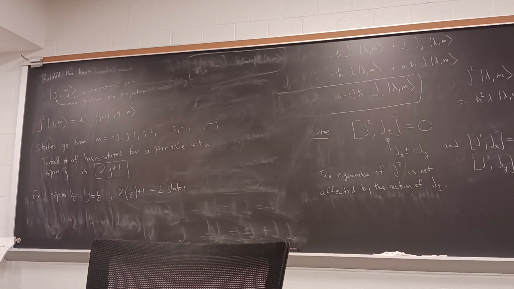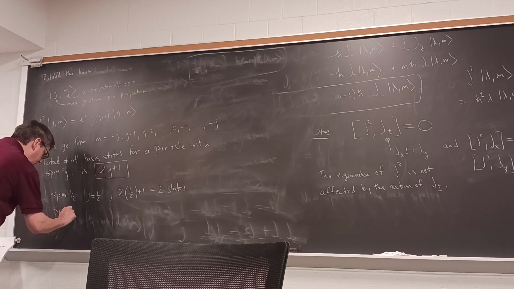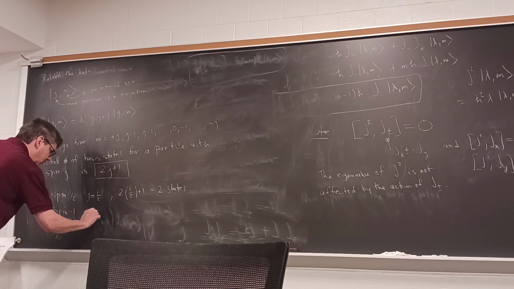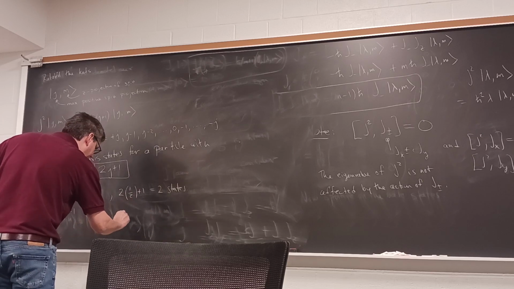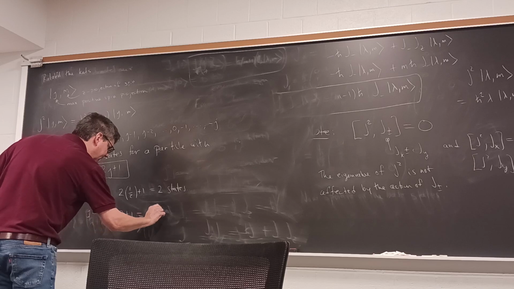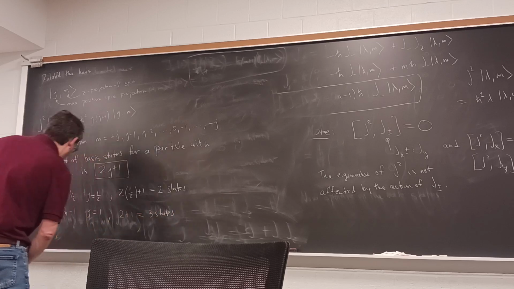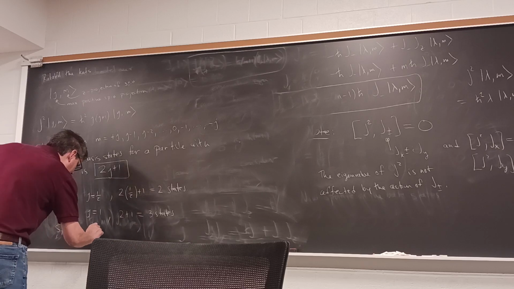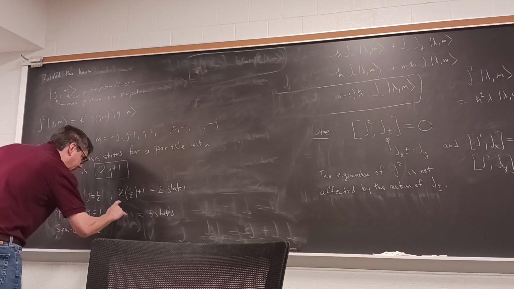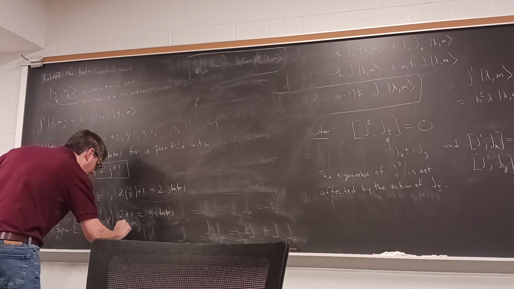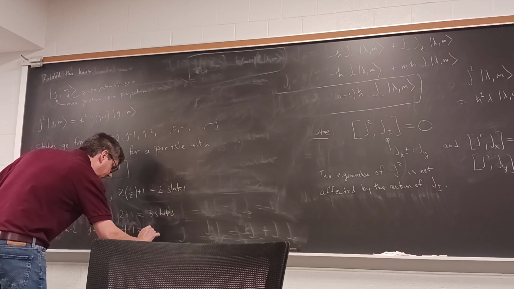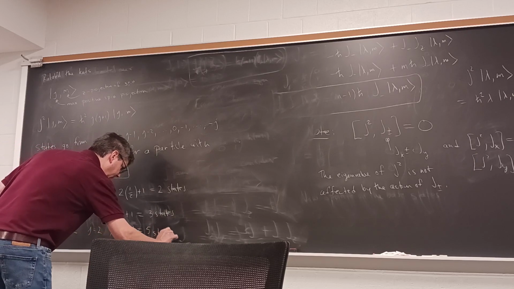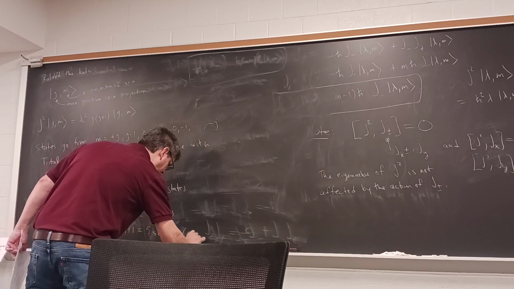That's for our electron. And for spin 1, j equals 1, and then we'll have 2 plus 1 equals 3 states. And then, for example, spin 2, j equals 2, and this would be 4 plus 1, 5 states. This would be for the graviton.